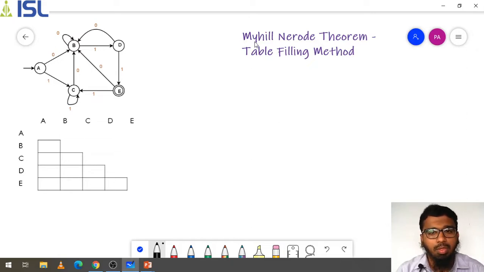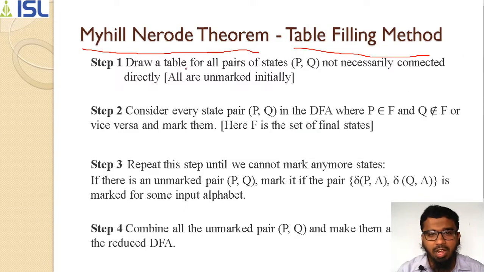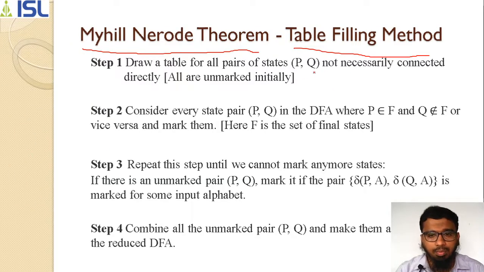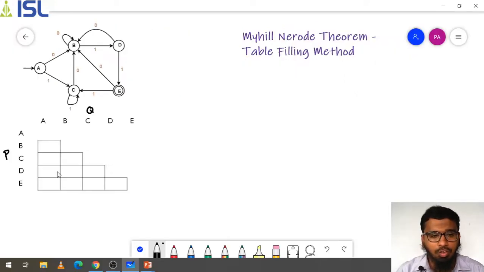This is the Myhill-Nerode theorem, or table filling method. We need to follow this step. First, make a table of all pairs of states p comma q. Initially unmarked: there is no tick, no mark in the cell.